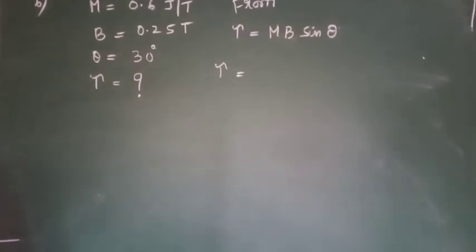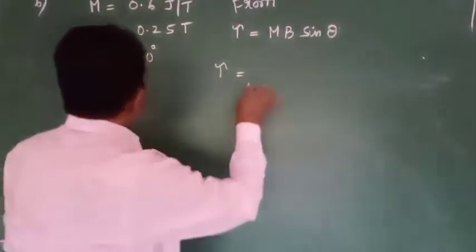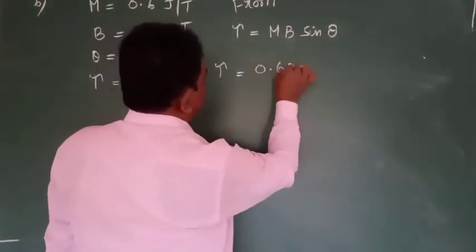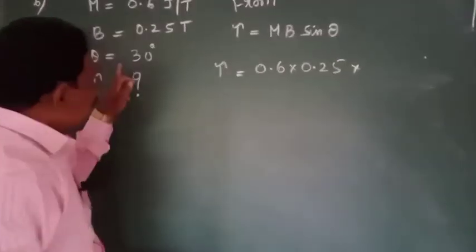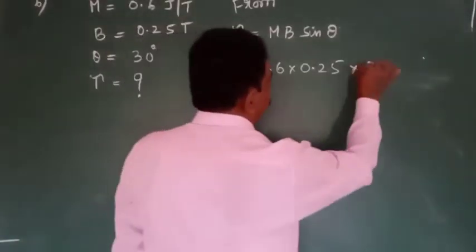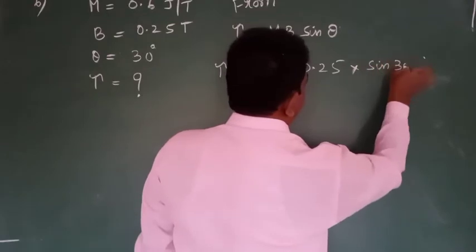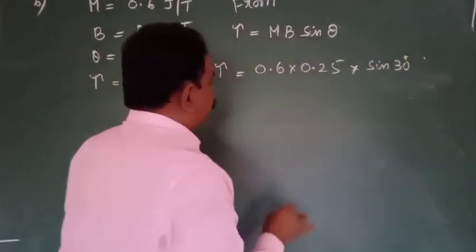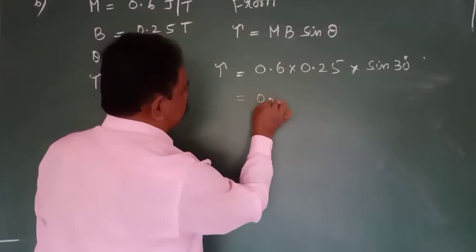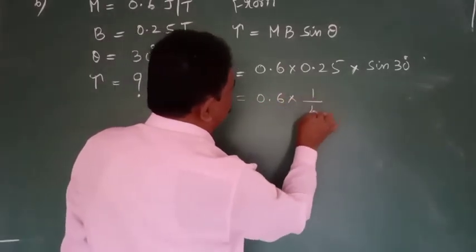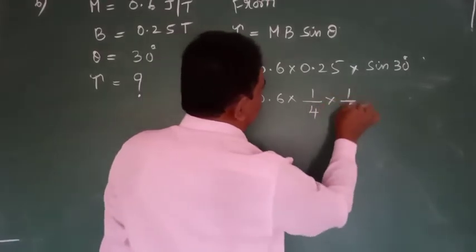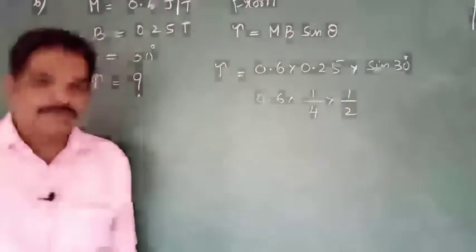M value they gave as 0.6, B value will be 0.25, sin 30. So this is 0.6 into 0.25, which means 1 by 4, and sin 30 means 1 by 2.